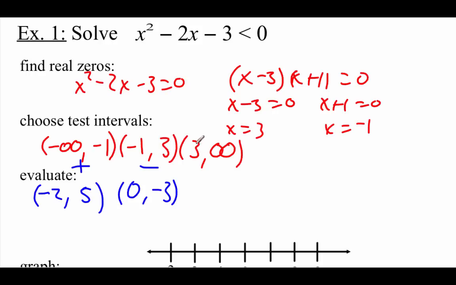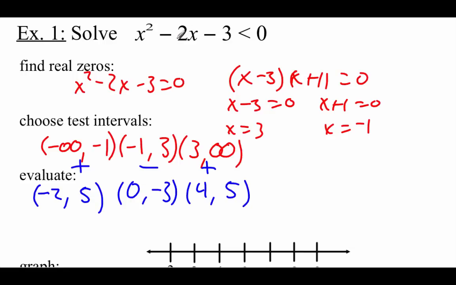And then we're looking at our last interval from 3 to infinity. I'm thinking maybe we could plug in 4. So we plug 4 in for our x's. The answer we get back is 5, which tells me that this interval from 3 to infinity is a positive interval. Now, if we go back up to the top, we were looking for where this function was less than 0.